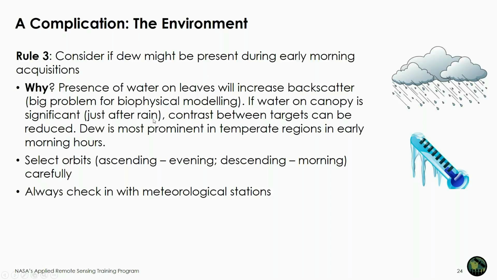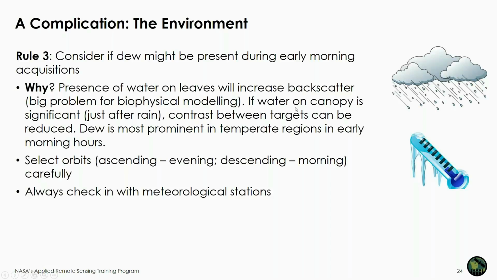Dew on either soil or canopy during early morning hour acquisitions is also something that we want to be aware of. So the presence of water on leaves that accumulates overnight due to high humidity and falling temperatures can leave water on the leaves, and that can increase the radar backscatter.